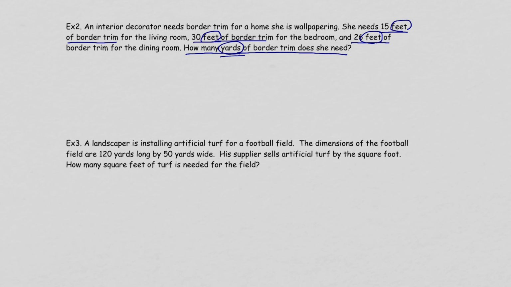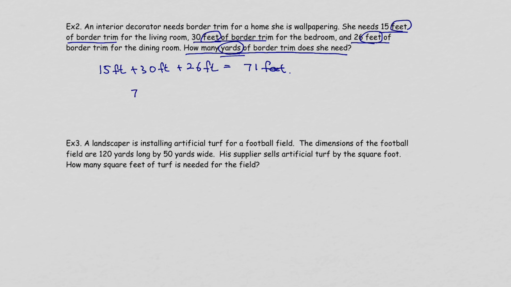So let's find the total feet first. So you're going to add those units. So when you're adding them up, you end up getting 71 feet. But then they want you to find out how many yards total, right?